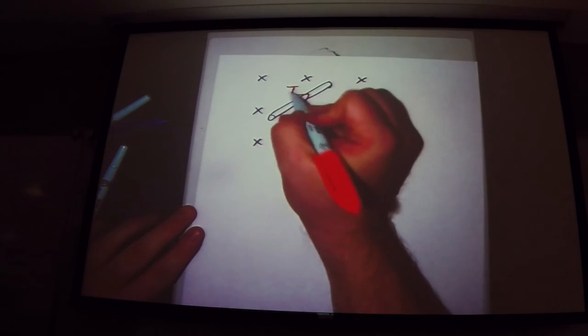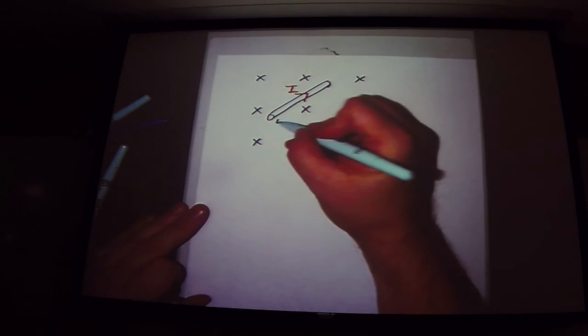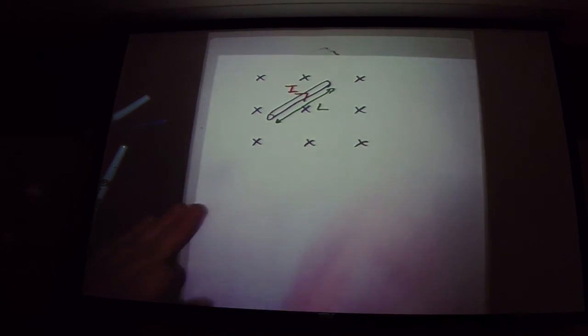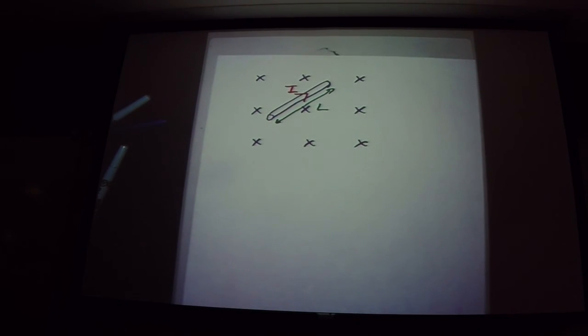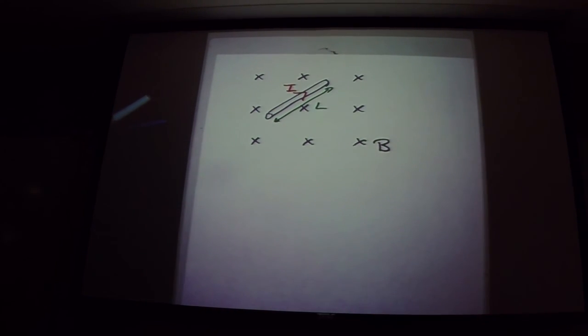I have a wire with a current in it. That wire has a particular length L, and I put that in a magnetic field B. I want to know what is the magnetic force on that piece of current.